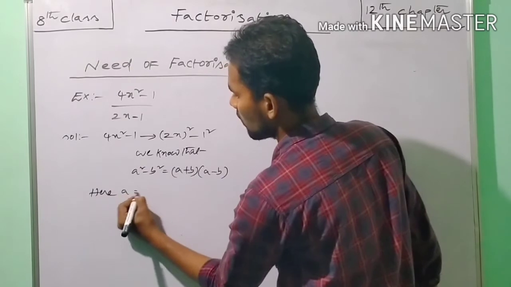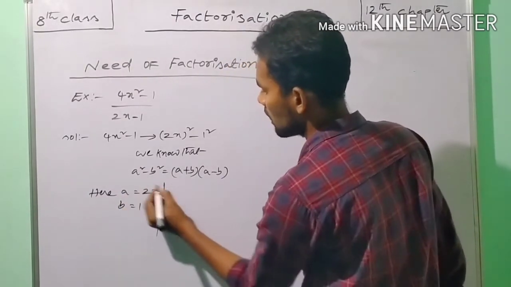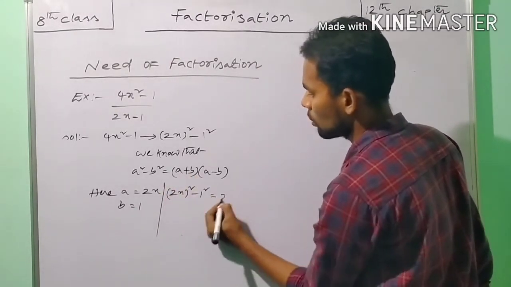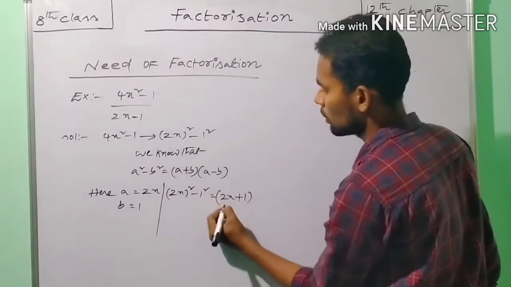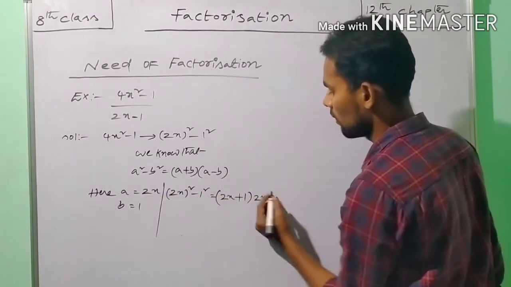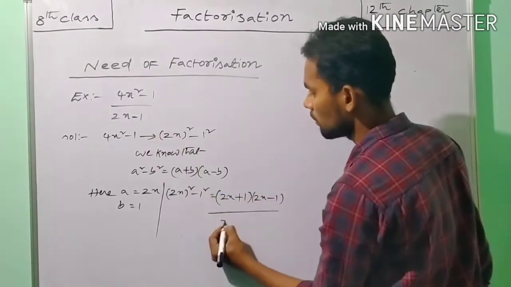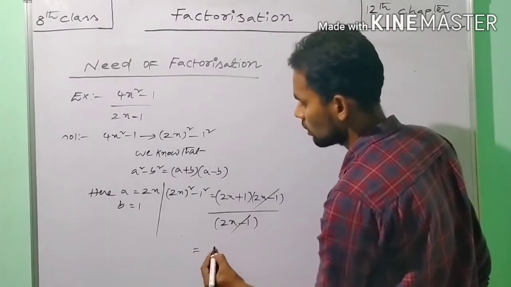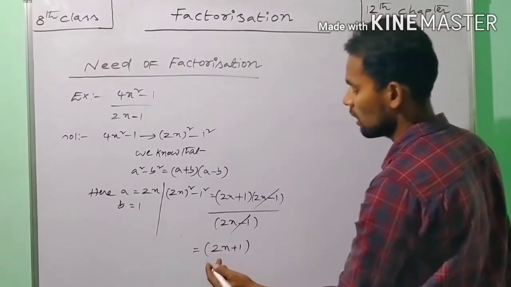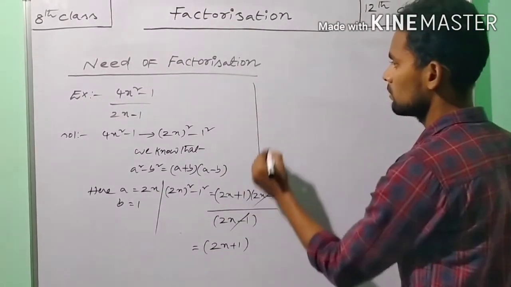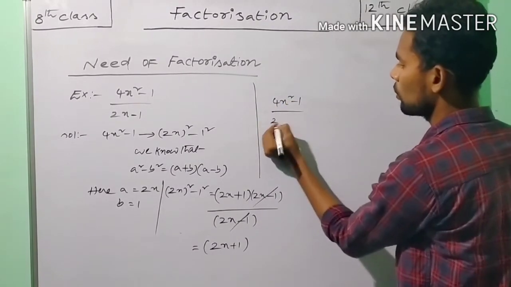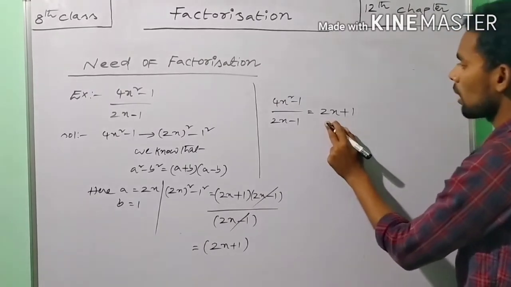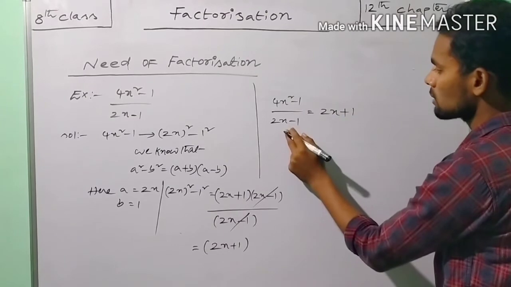Here a equals 2x, b equals 1. So (2x plus 1) into (2x minus 1) divided by (2x minus 1). 2x minus 1 cancels, so we have 2x plus 1. 2x plus 1 is the simplest form of (4x square minus 1) by (2x minus 1).